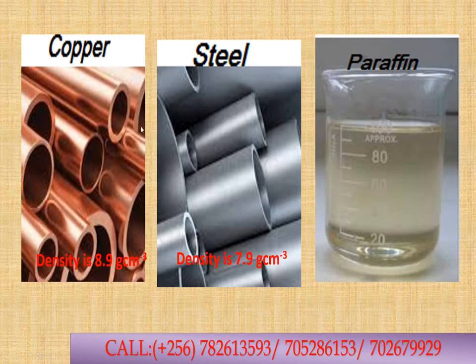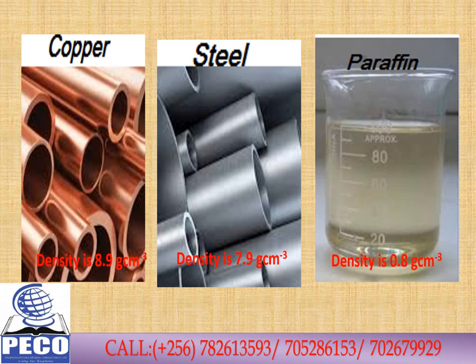As you can see, this is paraffin, that color there. It has a density of 0.8 grams per cubic centimeter. Okay, so these are some of the materials that are used commonly in our structures, and those are the values of their densities.